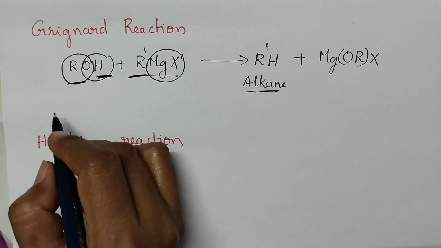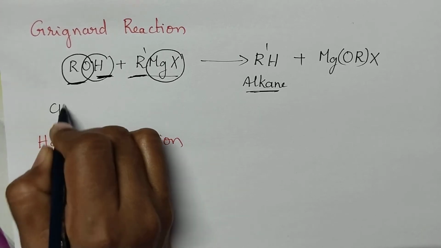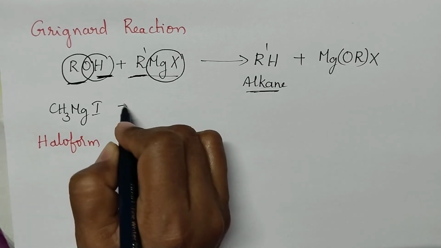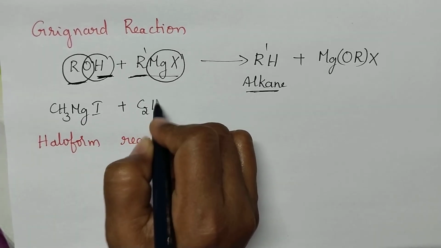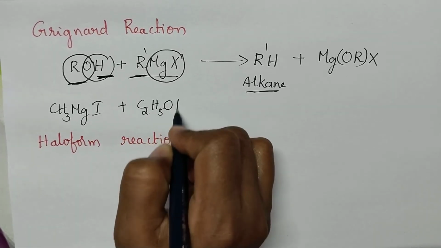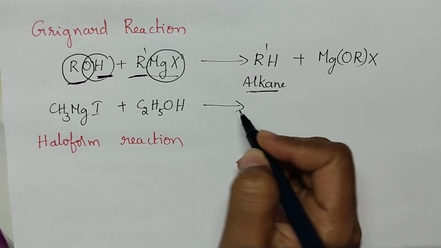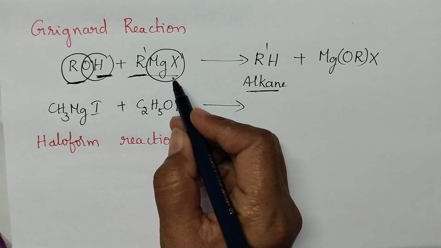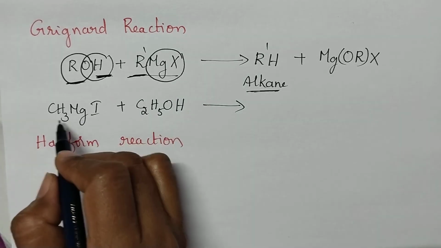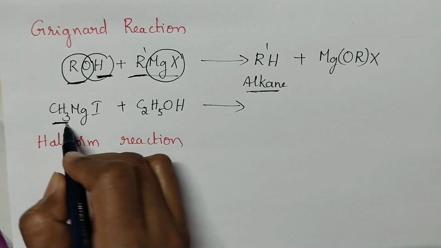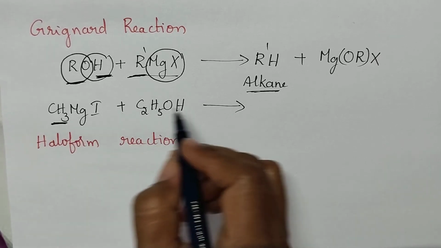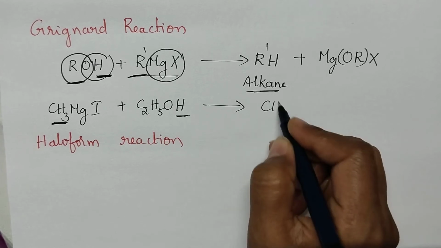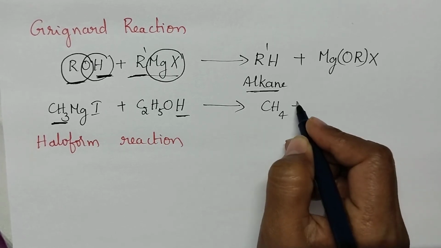Let us see one simple example. Let us consider a Grignard reagent and also ethyl alcohol. Students, can you guess the product? From the above general reaction, it is very clear that the alkyl group from the Grignard reagent reacts with the hydrogen of the alcohol and it results in the formation of alkane.